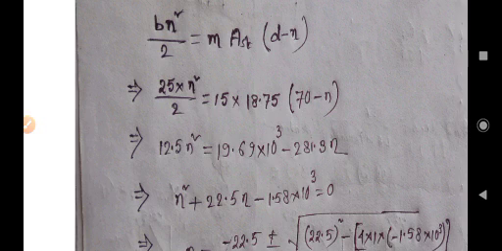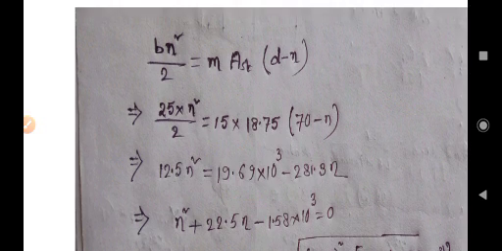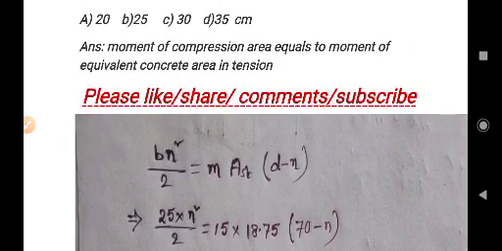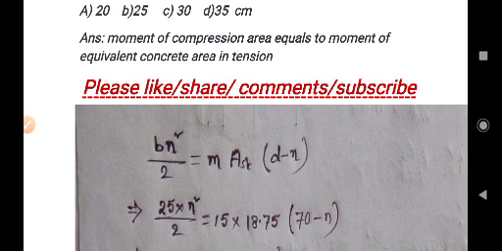This is the moment of area of the compression zone, and this is the moment of area of the tension zone.